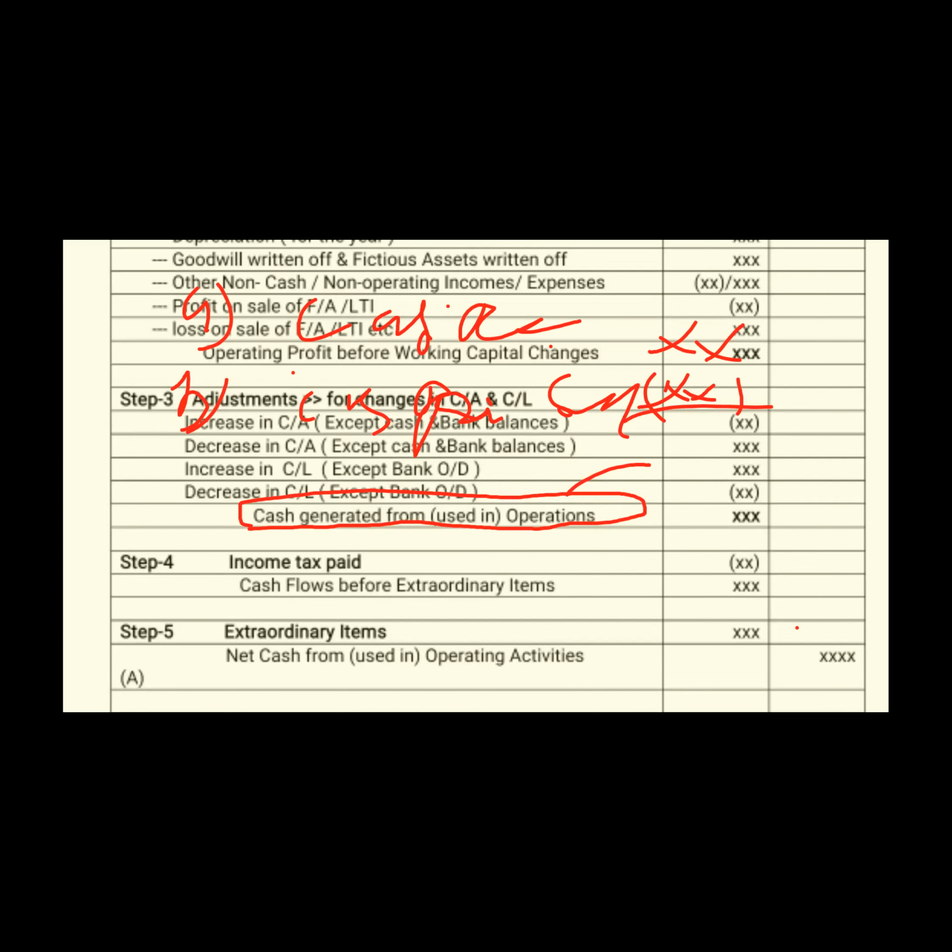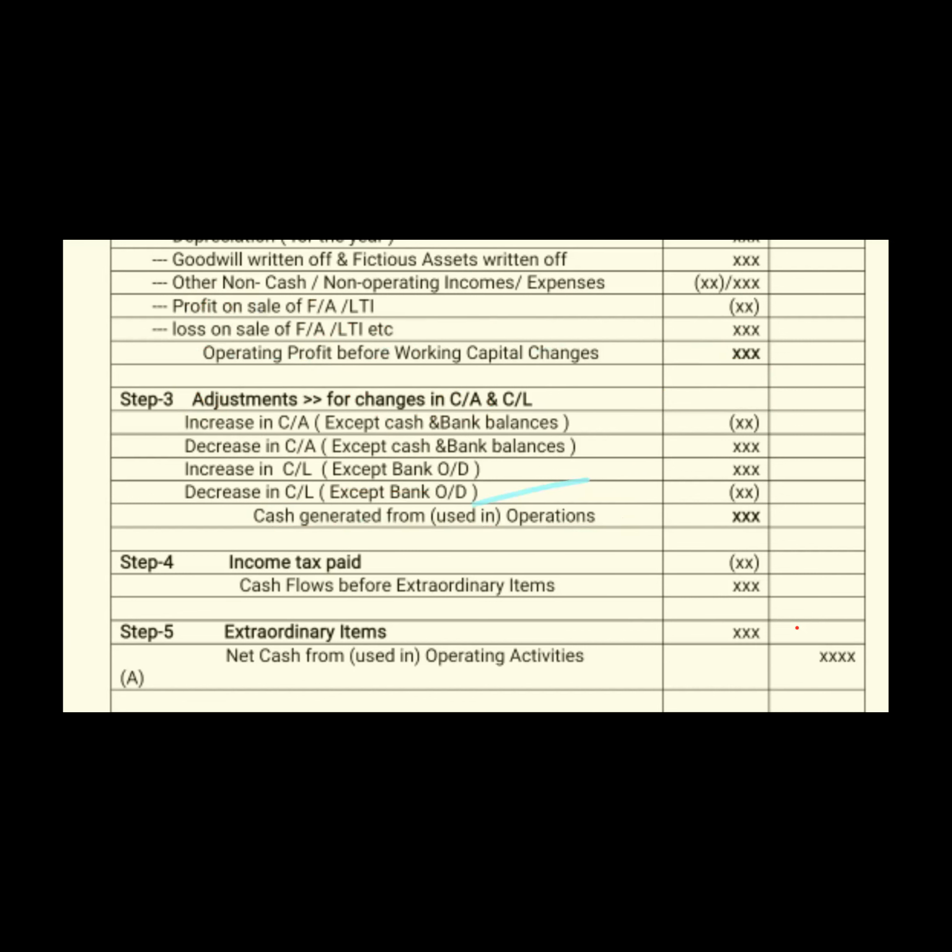For that purpose, we do these many adjustments in the indirect method, because we don't have the information relating to the P&L account. Sales and purchases are not given, so this much has to be done in the indirect method.